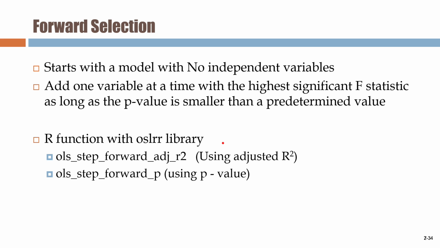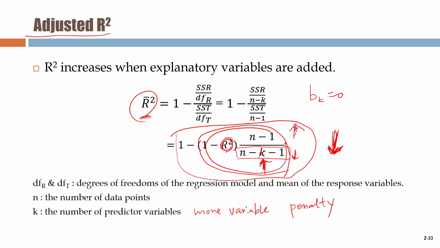That's why adjusted R square is useful when you compare two different models, especially when they have a different number of variables.